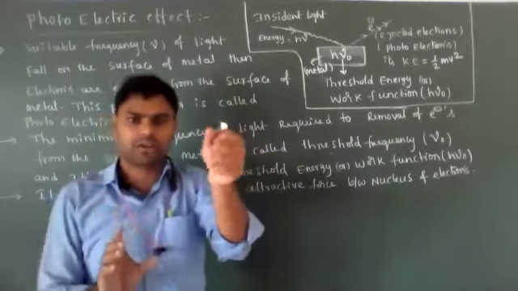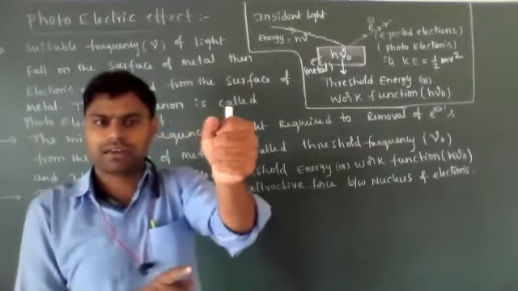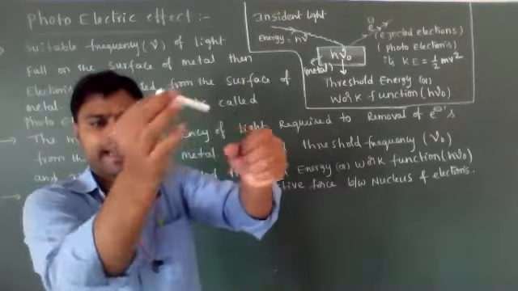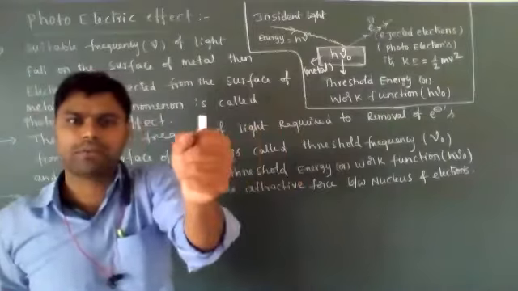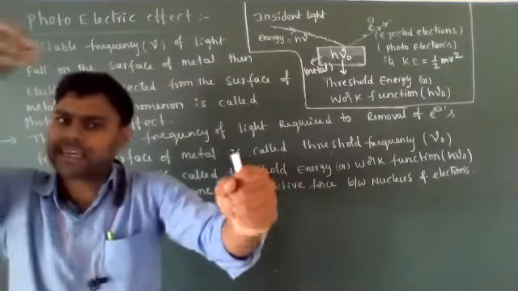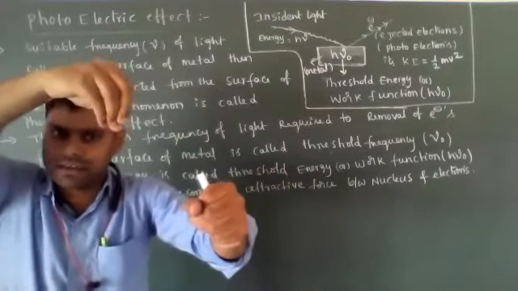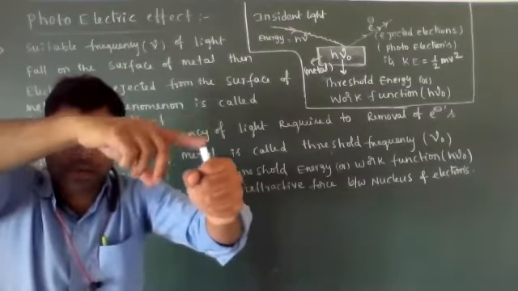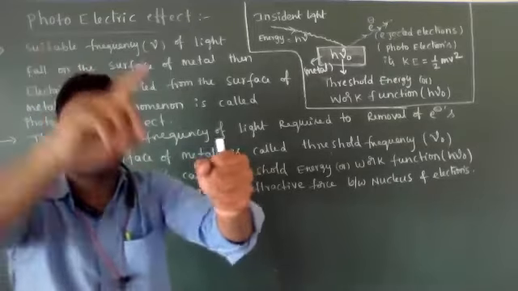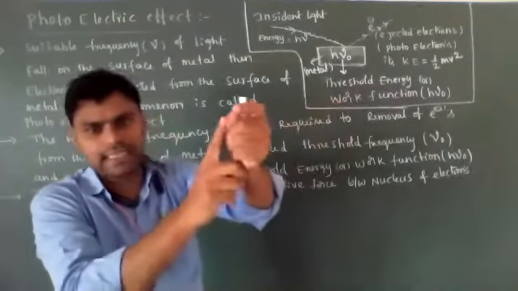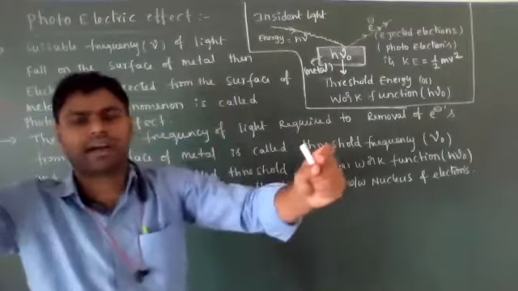A general example: I hold this chalk, and there are some attractive forces between my hand and this chalk. That's why I am able to hold it. Now if I externally use some energy to try to remove this chalk from my hand, the external energy should be more than this attractive energy. Then only this chalk will come outside.